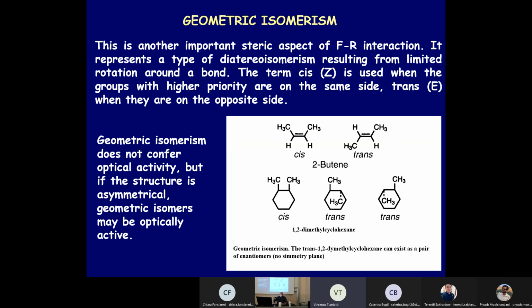So we have two forms of this trans compound. It's an exception because there is no plane of symmetry able to cut this molecule in two halves.